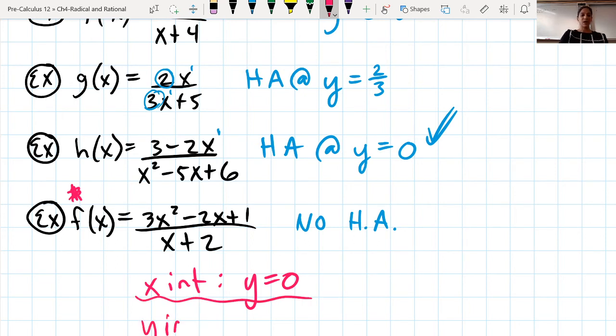To find my y-intercept, it's the opposite. I would plug in x equals 0. So in this equation, I'd throw in a 0 there, throw in a 0 there, throw in a 0 there. Yes, I'm being lazy, but I want to keep the video short, and this is based on stuff you've done before. So notice that that would wipe this out, wipe this out, wipe this out, and I would solve to find my answer for my y-intercept by working my way through that.